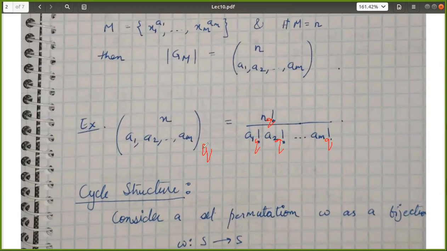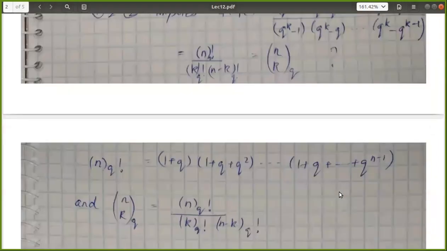So when you want to define the Q multinomial coefficients, this term with a subscript q is the Q factorial of n divided by the product of Q factorials of these numbers a1, a2, up to am, where the Q factorials have been defined in this fashion.